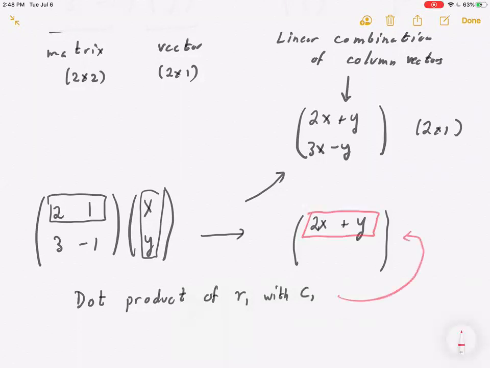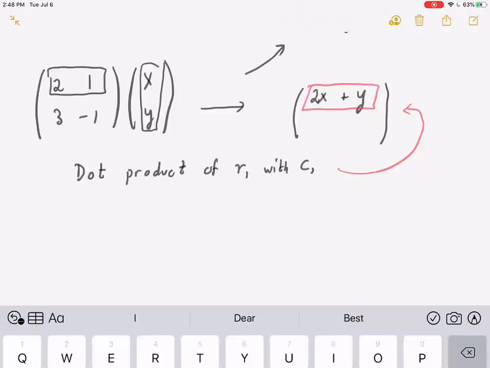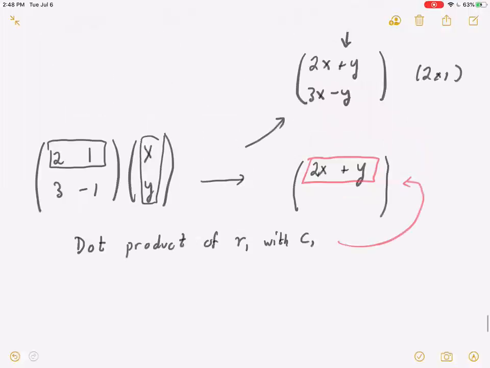And the second result from our conventional scheme of matrix multiplication says you take the second row of the first matrix and you multiply it by the first column of the second matrix.